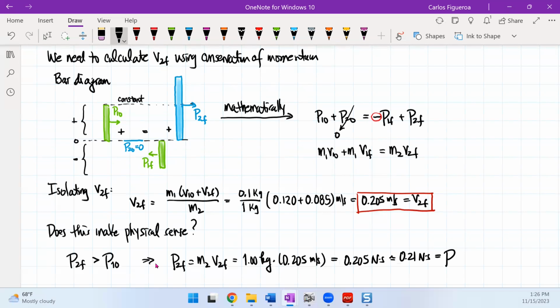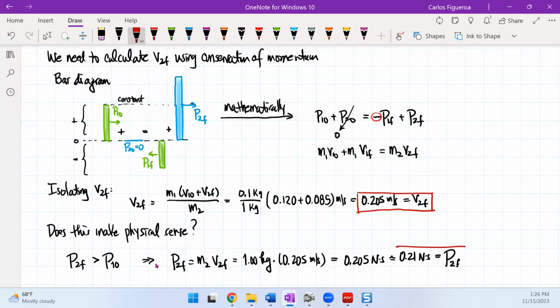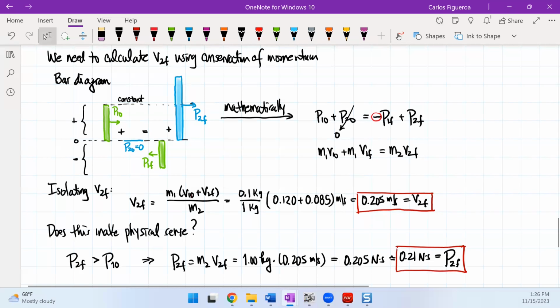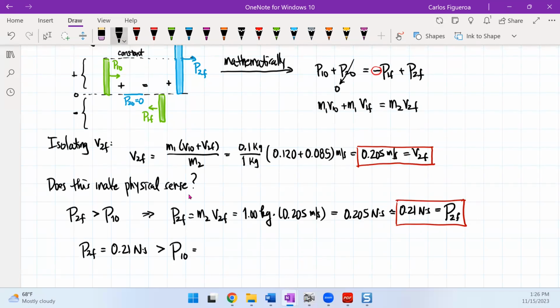So this is the momentum of the big cart, or of the bowling ball, if we could say that. Now, if I compare P2 final, this is 0.21 newton second. This guy is clearly bigger than the initial momentum, which is equal to 0.10 newton second. It's almost twice the value, right?